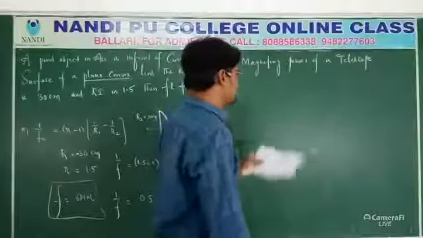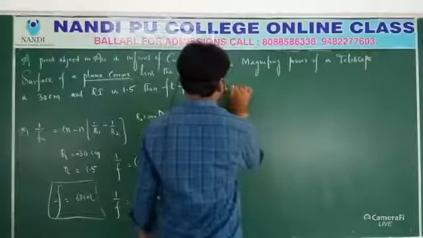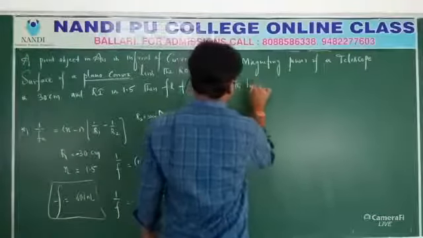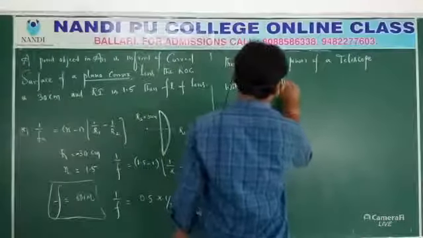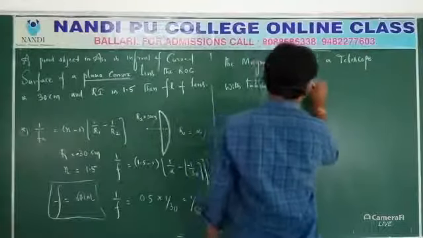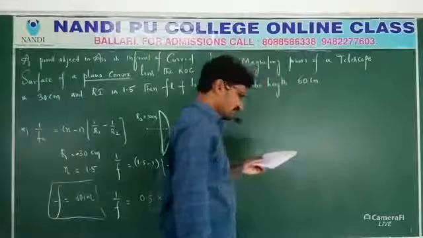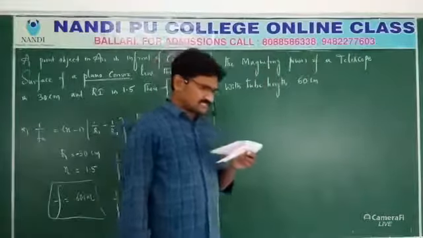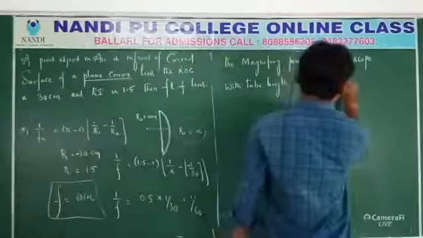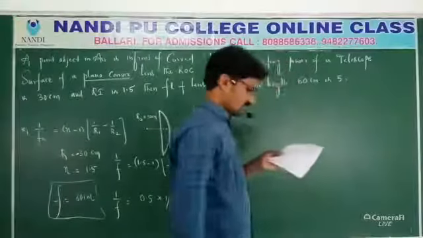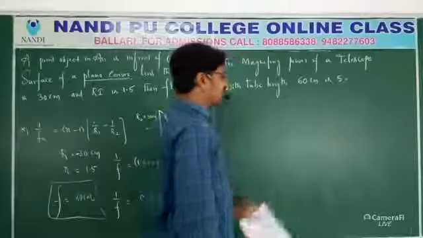with tube length 60 centimeters. What is given? Tube length is 60 centimeters and the magnifying power is 5. What is the focal length of its eyepiece?